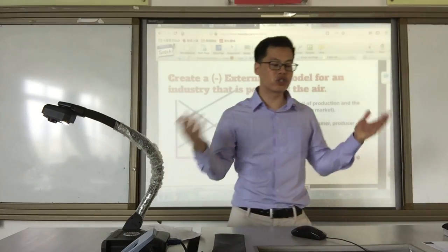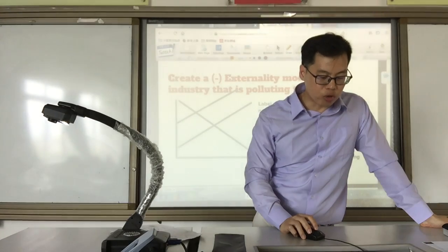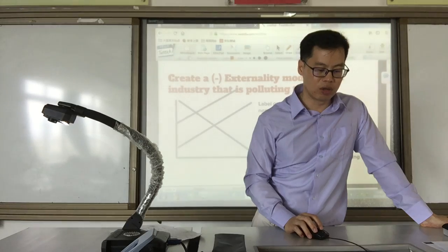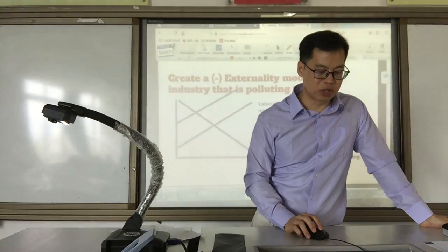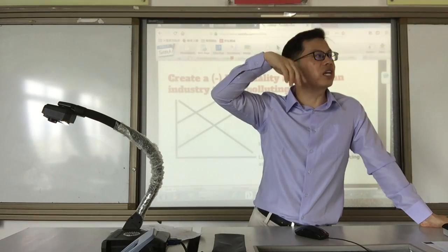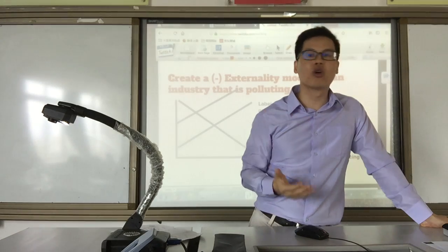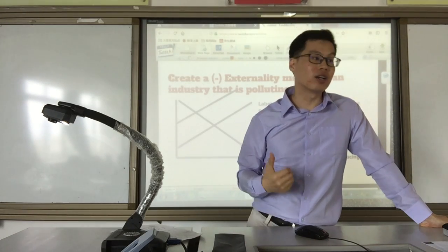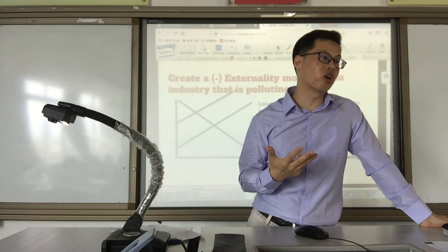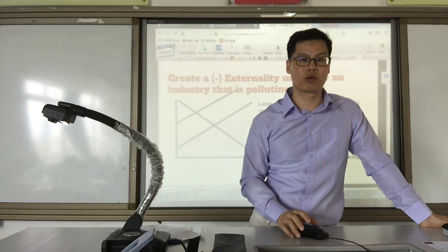All right, now what I want you to do on your own, we're not going to have time for this, but I was going to have you create a model for either a positive or negative externality. This is pollution. You've got maybe hog farmers and they're stinking up the joint, so to speak, no pun intended, and go ahead and create a model to show if these hog farmers don't really care about the environment, what happens, okay?